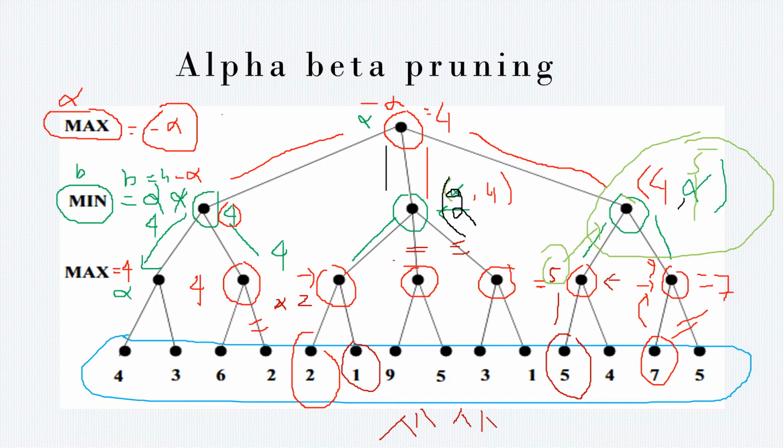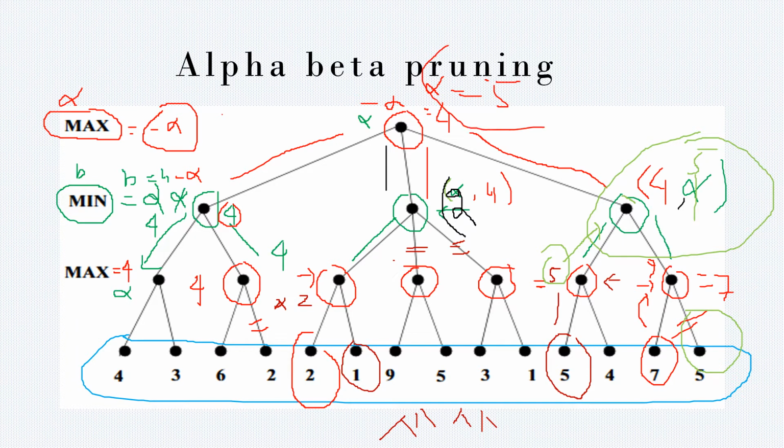Max has got a value greater than the alpha here, so there is no need to search this node. So here it will get 5, and now the alpha value at top will be equal to 5.